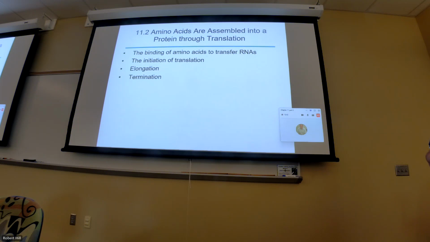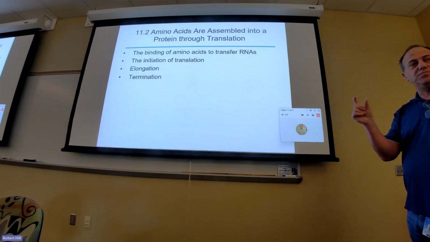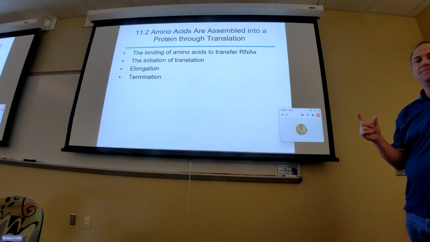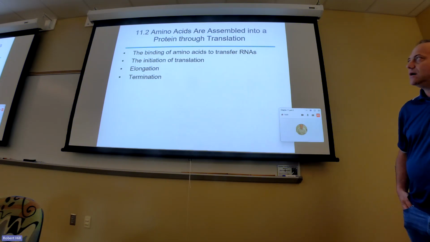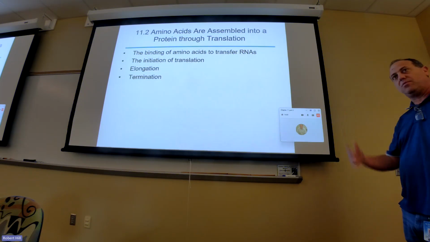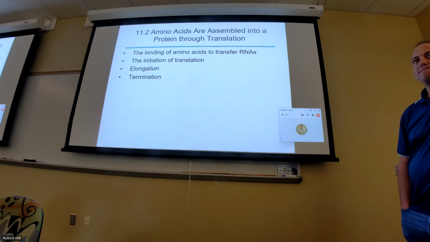And the translation based on the triplet code within the messenger RNA. And then termination is when that stop codon is reached. There's a couple actions that happen that cause the whole thing to fall apart. Yeah, a triplet. The reading frame.